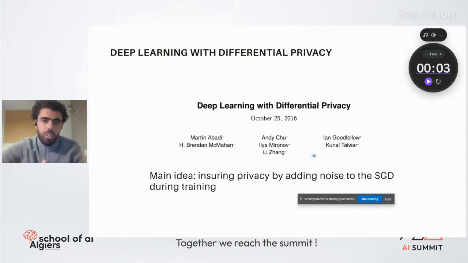We said that we can create a model to be released by adding noise to the final model, but in this paper, the authors suggested that we add noise along the training to the gradient of the SGD.